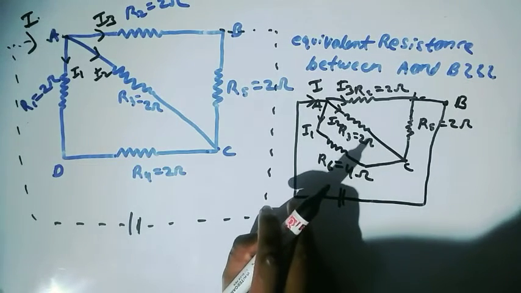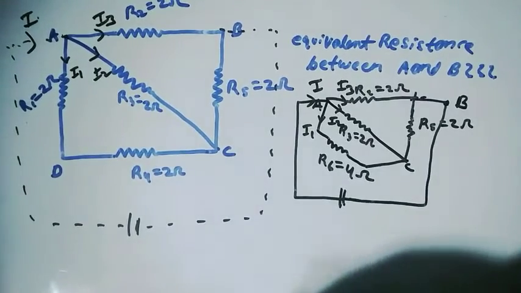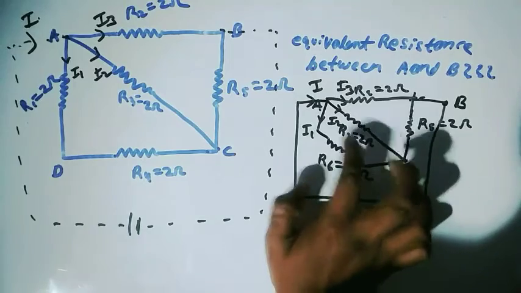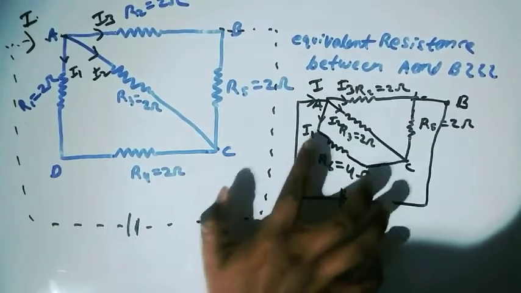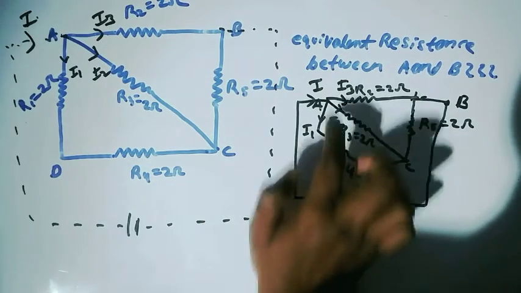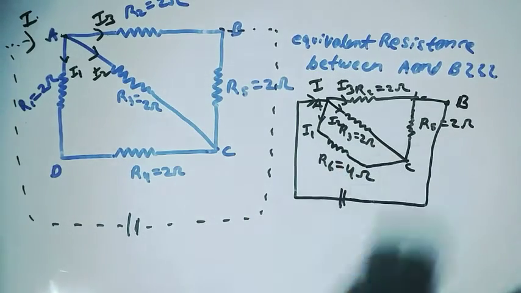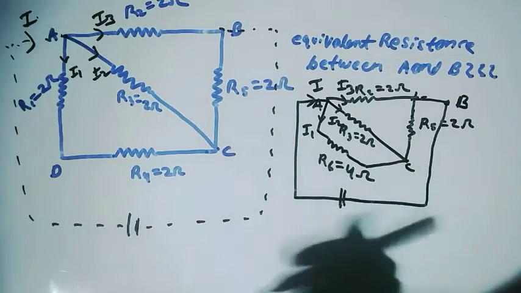Now R6 and R3 are in parallel. It is visible. See, here I1 current is flowing and here I2 current is flowing. So these two are in parallel. So let me replace these two by one resistor.